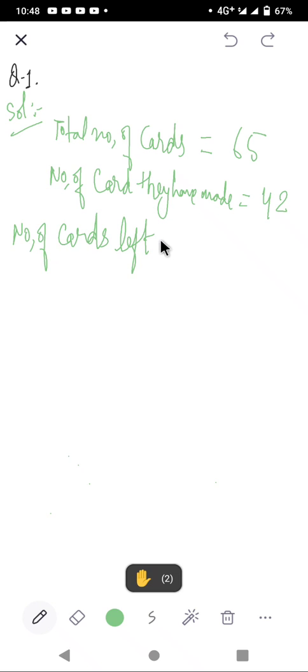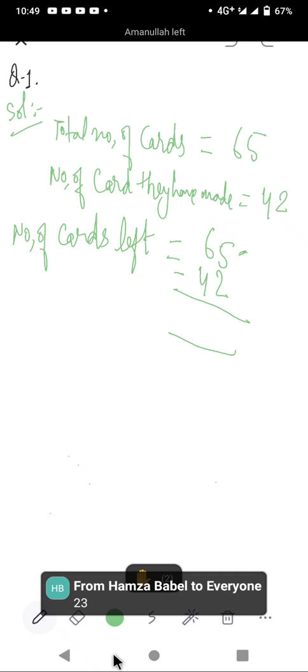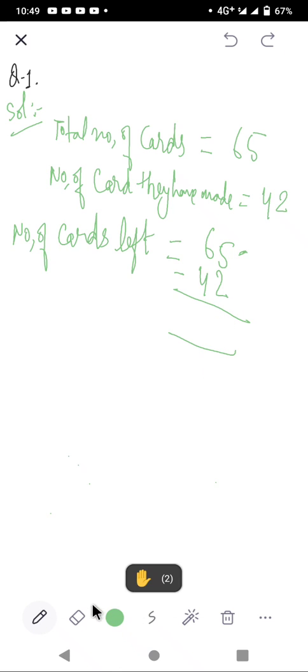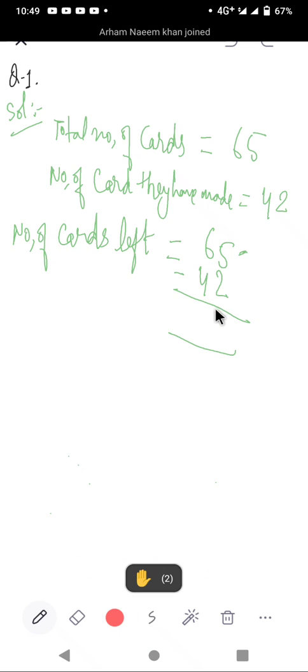Number of cards left equals, we will subtract 42 from 65. We always write the bigger number up. So now we can subtract it. 5 minus 2 equals 3.